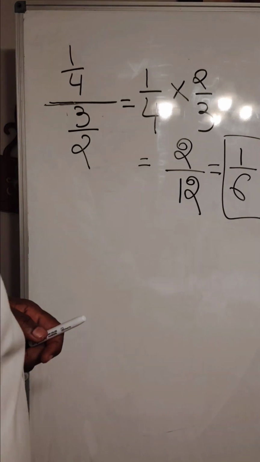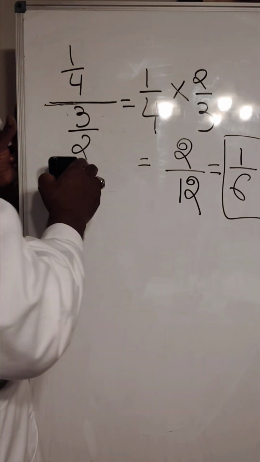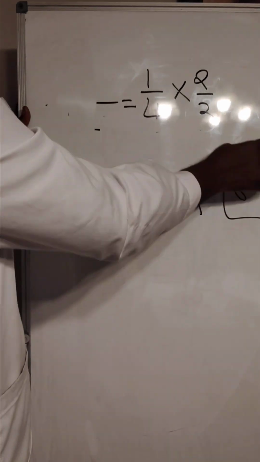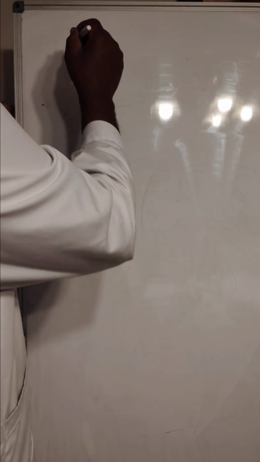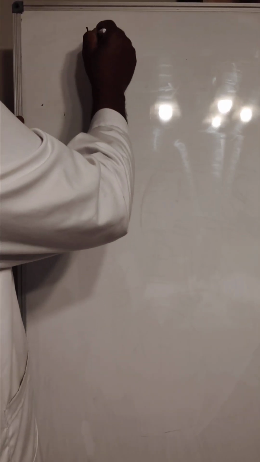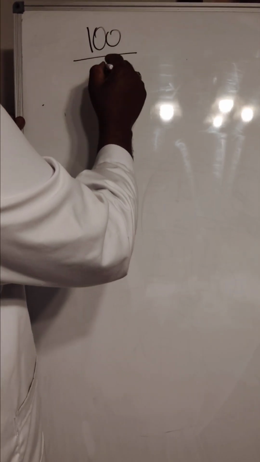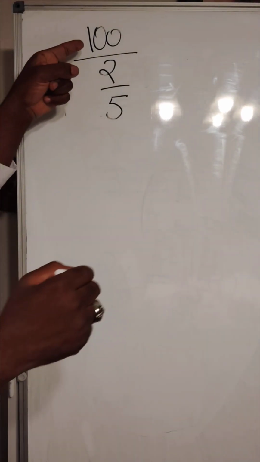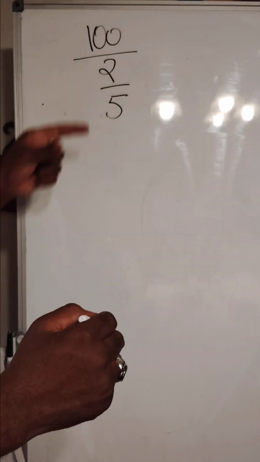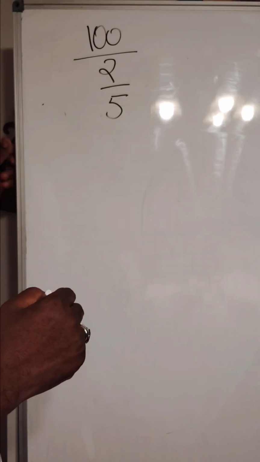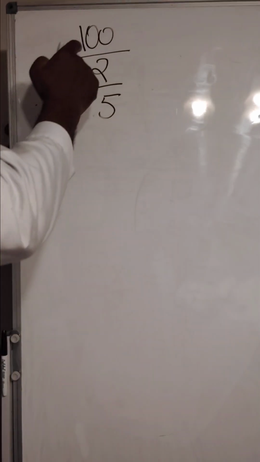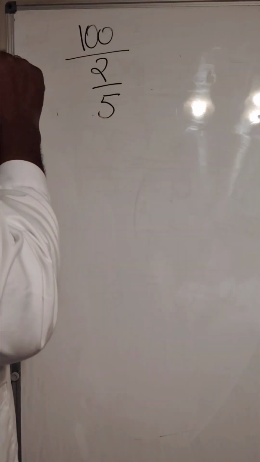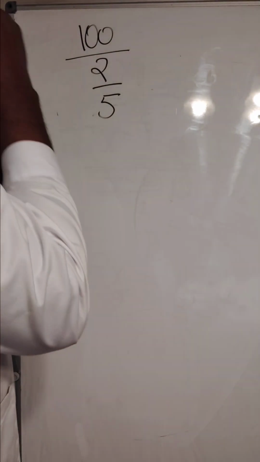Okay? Let's do another exercise. Whenever I have a whole number divided by a fraction, what you have to do is make that first the whole number, because this is your main line of a division.